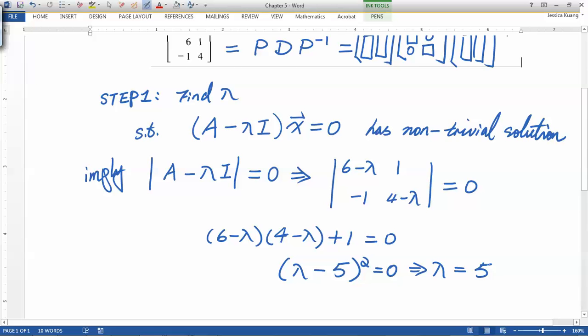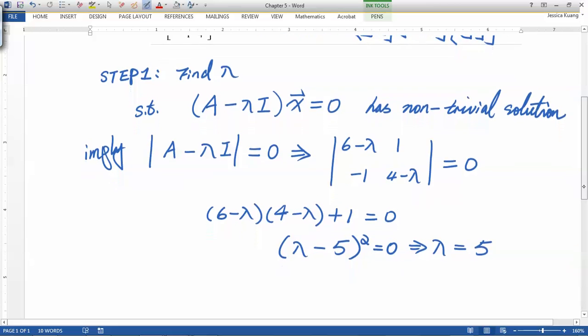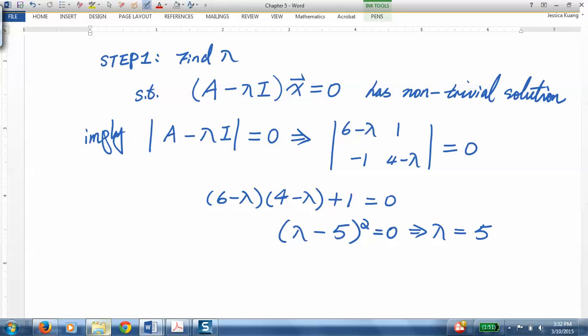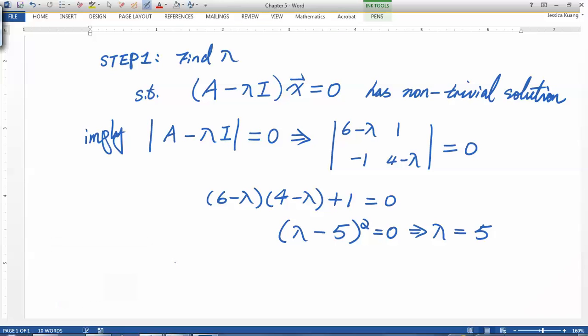Well, usually we want 2 eigenvalues, but maybe in this case, my eigenvalue just happens to have a multiplicity of 2, which means it corresponds to 2 eigenvectors. See if we could find 2 eigenvectors corresponding to 5.